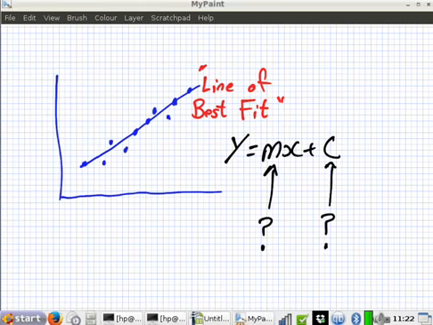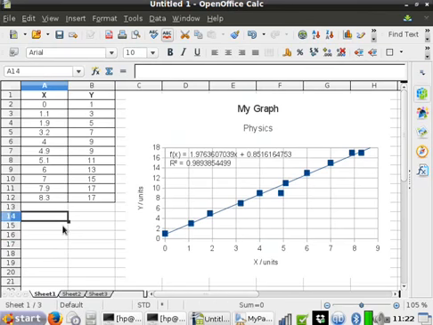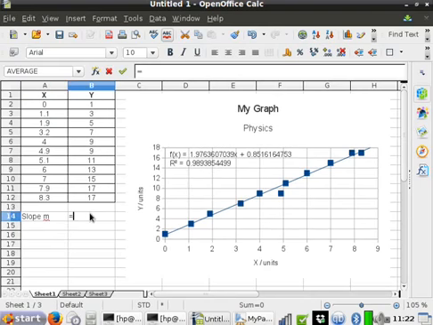Excel will calculate the slope. So to calculate it, I go back here, I use this function. So this is the slope m, equals slope, I think it's slope, bracket. Now, just be very careful. Look up before you do anything.